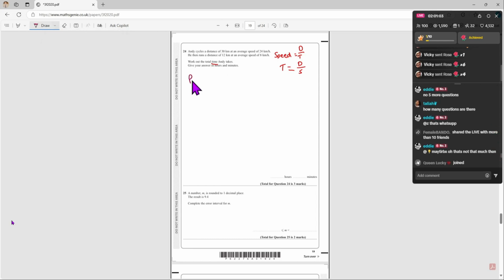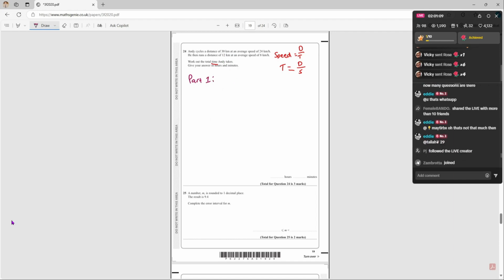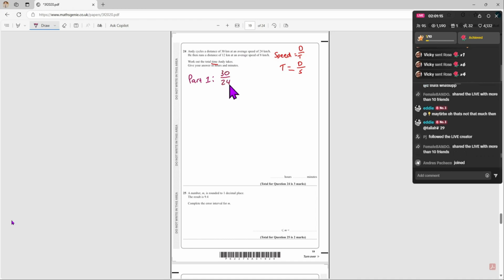So for part 1, when he cycles, the distance is 30 kilometers at a speed of 24. So we're going to do 30 divided by 24. If you use a calculator, you get 1.25 hours, which in hours and minutes is 1 hour and 15 minutes.